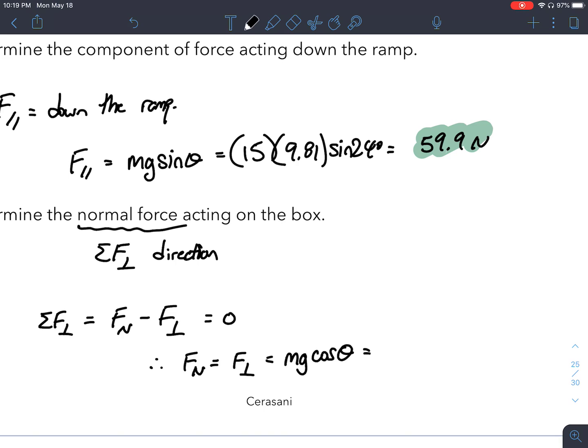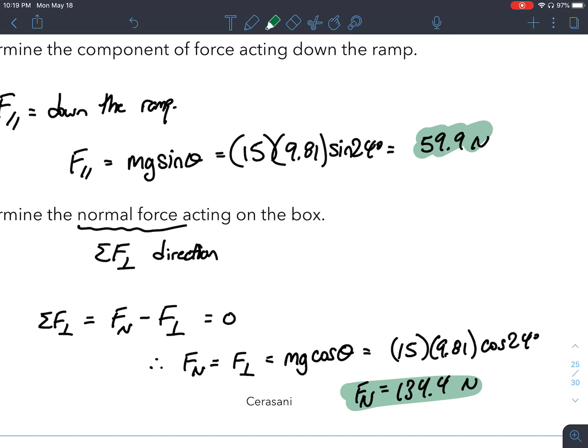So if we toss in our 15 kilograms, our 9.81, times the cos of 24 degrees, we get a normal force that is equal to 134.4 newtons.